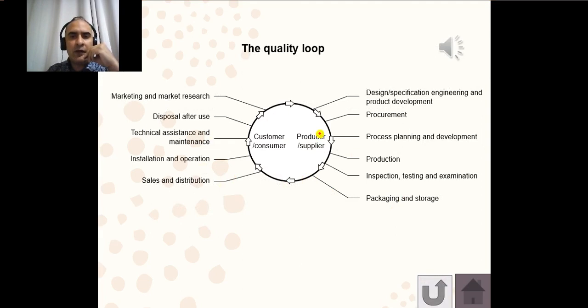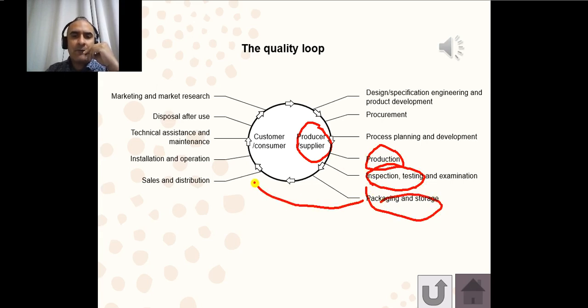We're going to be looking at the supplier, meaning the supplier has to have the best supplies in terms of the materials, the raw materials, the way that they are produced also with high quality. Everything is inspected and tested, making sure that there are no mistakes and no defects on it. Also the same thing in the packaging, etc., right? Then we have also the sales and installation and operation and maintenance and so on.